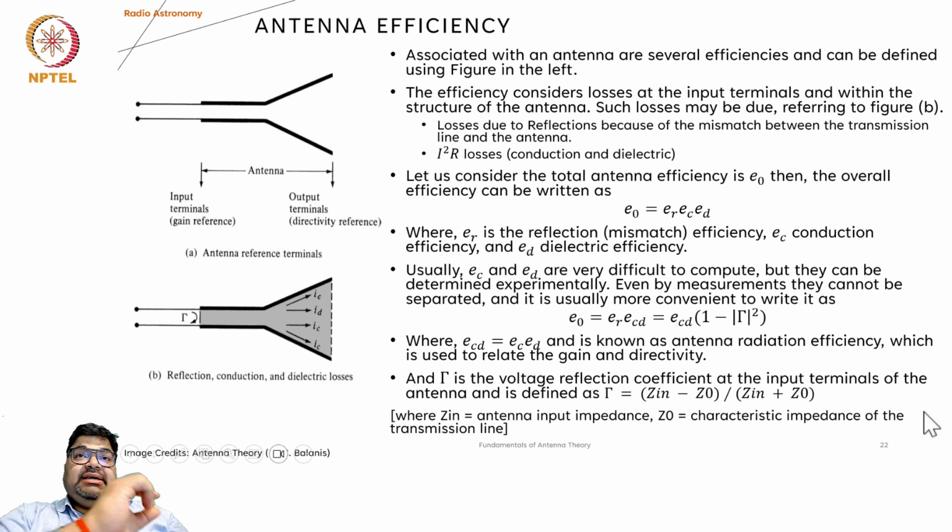When the transmission line ends and the antenna begins, there can be an impedance mismatch, for which the voltage flowing into the transmission line may not be 100% converted into radiated power.